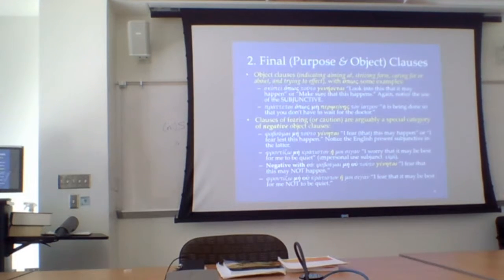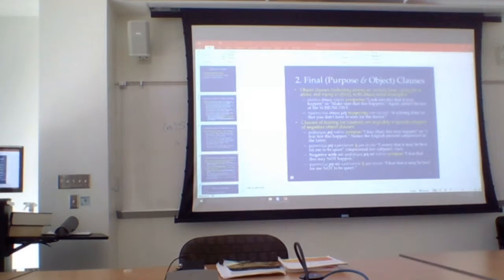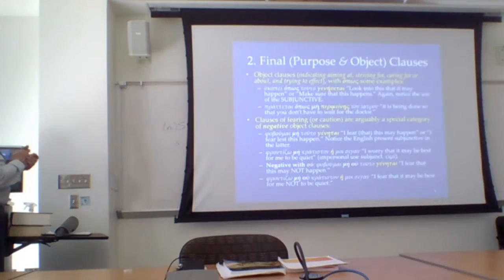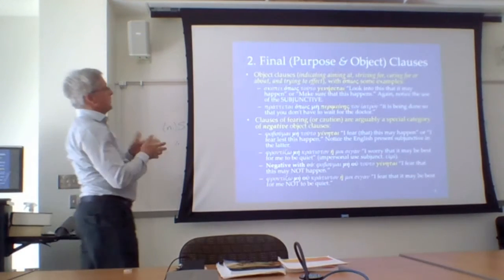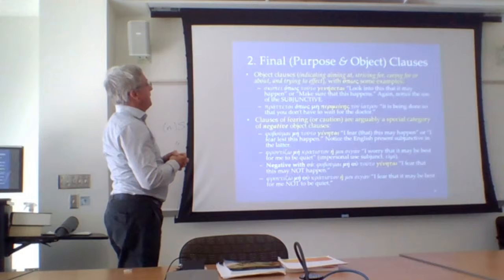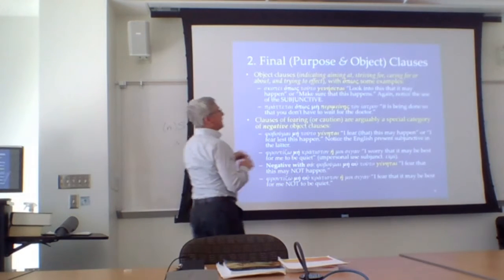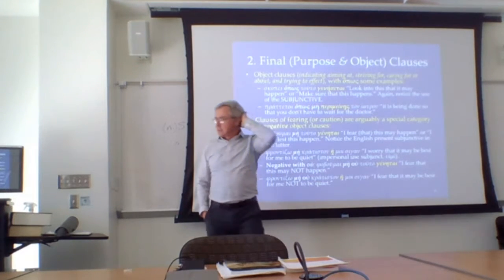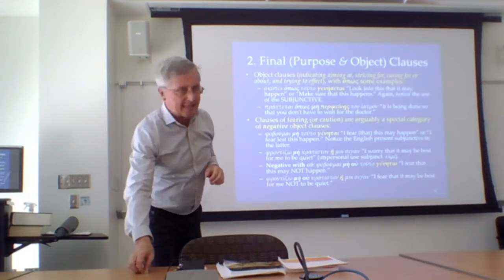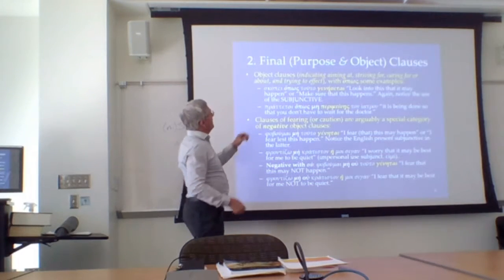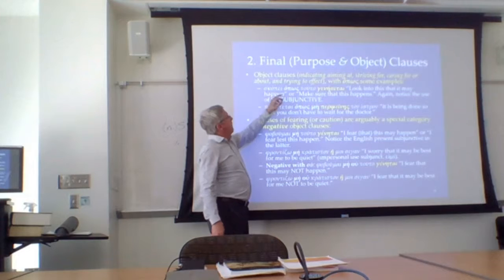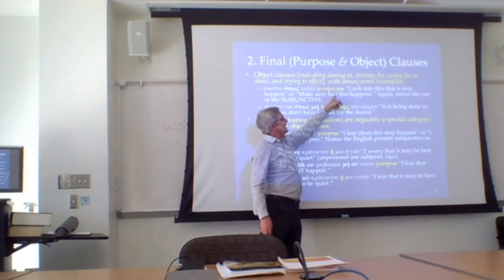All right. Now, those are pretty much straightforward purpose versions of the final. Object clauses are just a subcategory, and they have to do more with aiming at, striving for, caring about or trying to effect, in other words, to bring something about. And they are very frequently with hopos, so this is distinct from hina. So again, this is an imperative, skopei hopos touto genesetai.